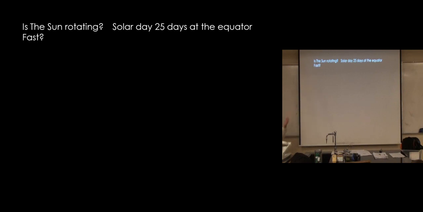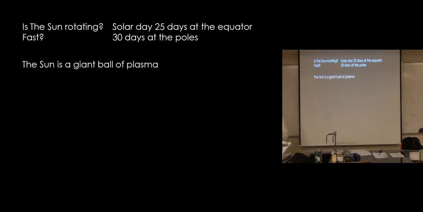So it's liquid. It doesn't have a solid surface. So in fact, the rotation rate at the poles is different, and it's 5 days longer to get the poles spinning. So in fact, the equator is spinning faster than the poles, which is a little bit weird, and seems like kind of a random piece of astronomy trivia, but it turns out that this completely explains sunspot cycles.